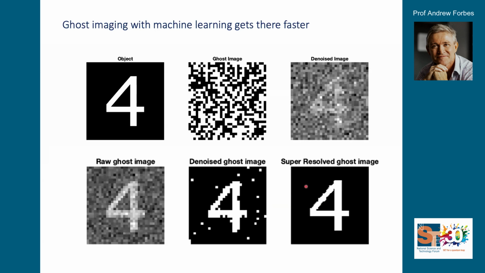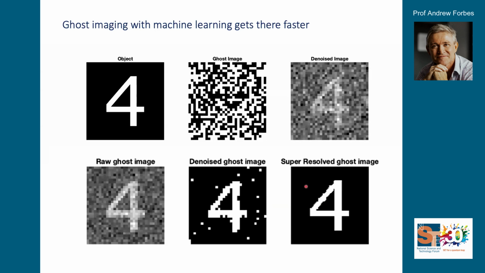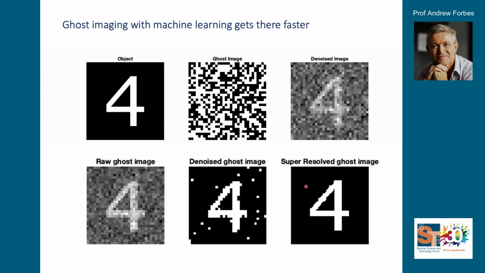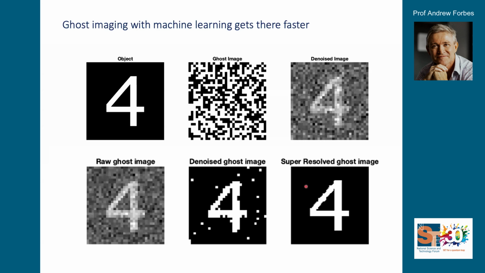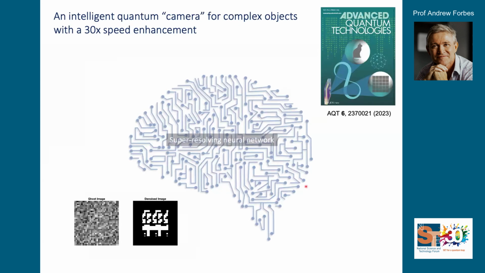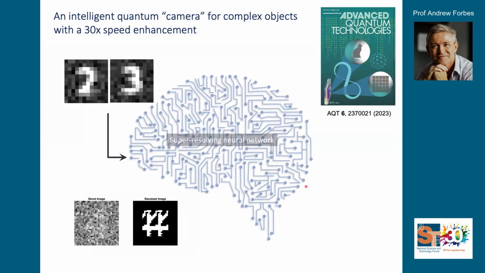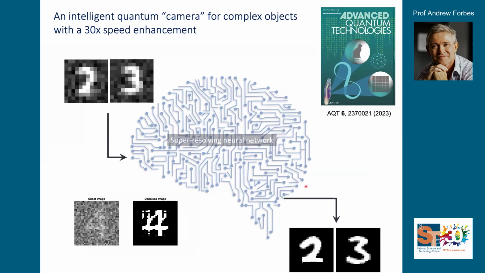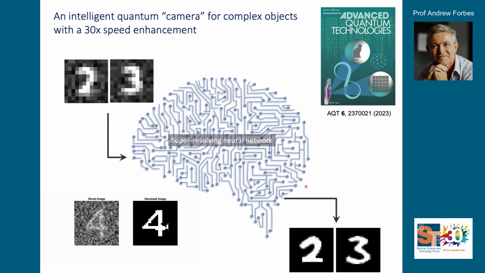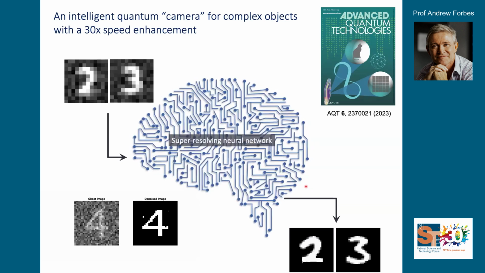And so that's what we've been doing. We've been using AI and machine learning to improve and to recognize and to reconstruct quantum images of objects. And the idea is that we can take in rather noisy data, pass it through the system, and come out with either a click of what it is or something that's denoised to the level that somebody like a human could recognize what it is. And so our quantum camera now runs 30 times faster than when we started.